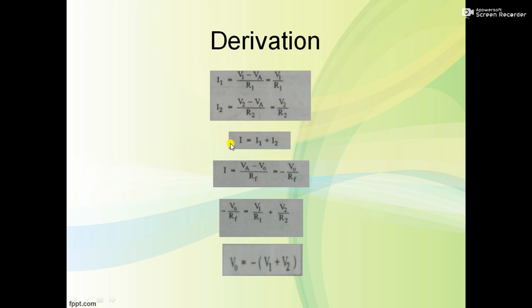Then the total current I is equal to I1 plus I2. Whatever the total current I, it is flowing through the feedback resistor RF. So at that time it is (VA minus V0) by RF. If VA is 0, then you will get minus V0 by RF.